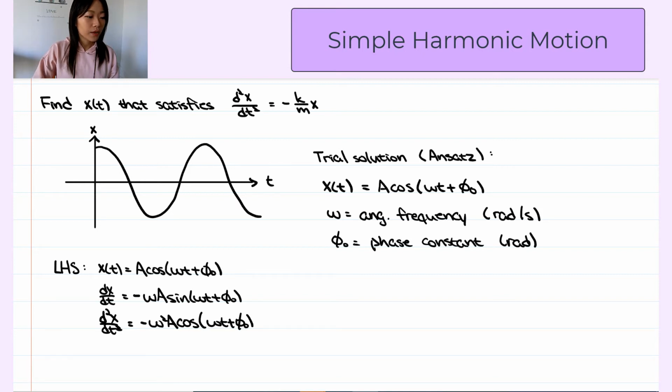Now let's compute the right-hand side. The right-hand side is negative k over m times x. We substitute the trial solution, the x, into the right-hand side. We get negative k over m times A times cosine of omega t plus phi naught. Now let's equate the left-hand side with the right-hand side.